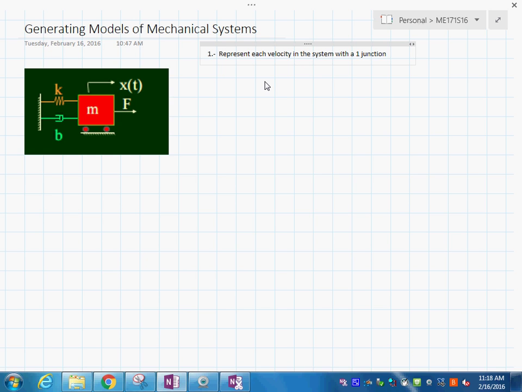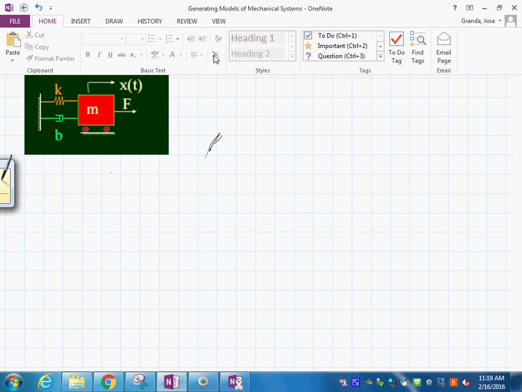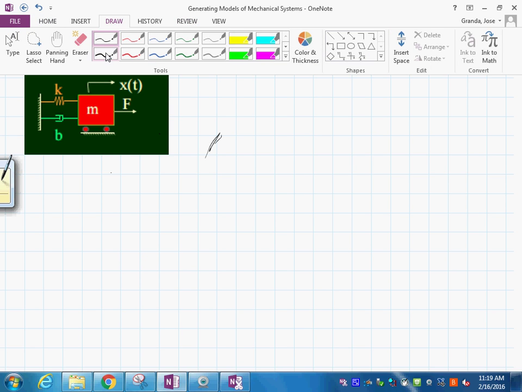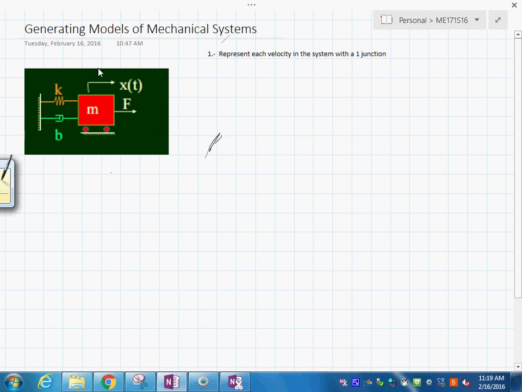So what I would do is in here you see you have a common velocity junction because this is the mass, right here.